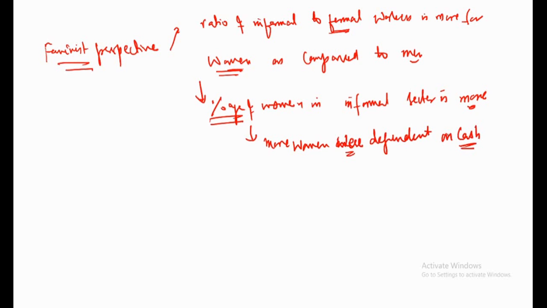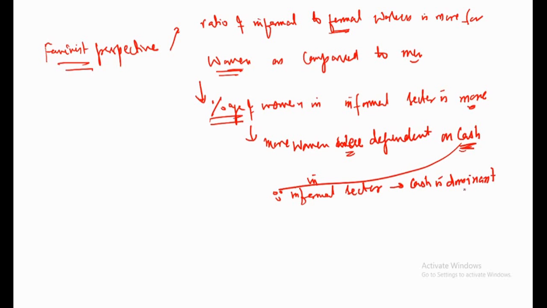Because why? Because in the informal sector, cash is dominant, because cash was the source of exchange, the source of payment in the informal sector. So when the percentage of women in the informal sector is more, it means that as compared to men, women were more dependent on cash.